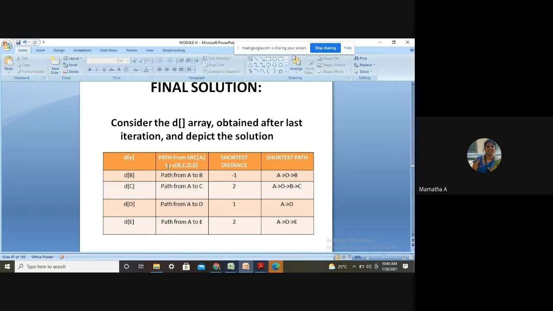So what you have to do is construct this table, right? As we all know, we are interested in finding the shortest distance from the source vertex to all other vertices. So I'll have to find DB, get the entries of DB, DC, DD, and DE. So what does this DB give me, students? DB gives the shortest distance from where to where?